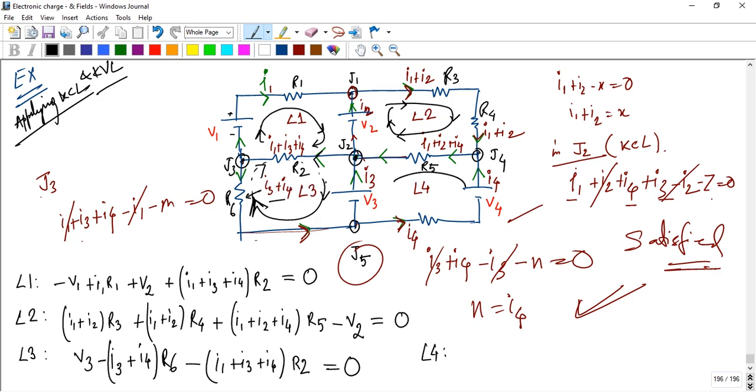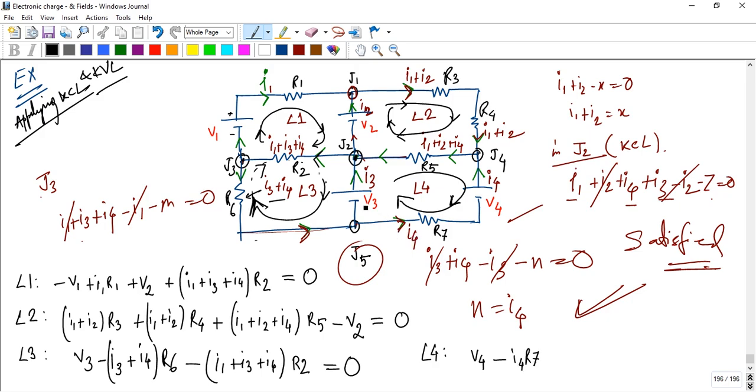Here we choose the same clockwise direction, starting from here with V4. Suppose that is R7, and V4 is plus to minus, obviously plus V4. That direction is opposite: we choose right to left, but the current I4 in R7 is left to right, the opposite direction. So the potential drop across R7 is minus I4 R7.